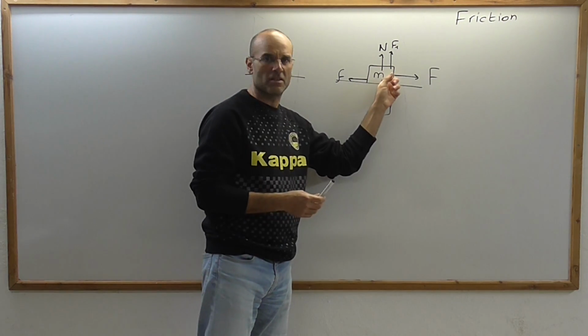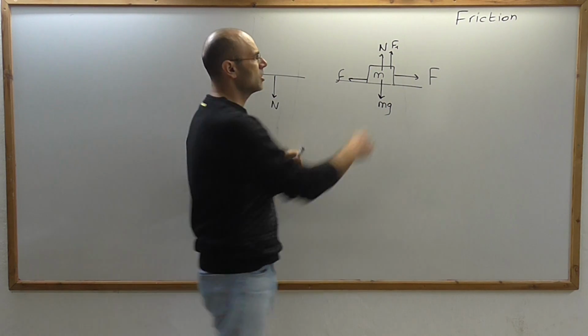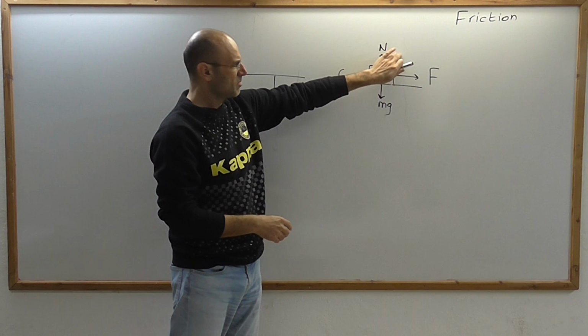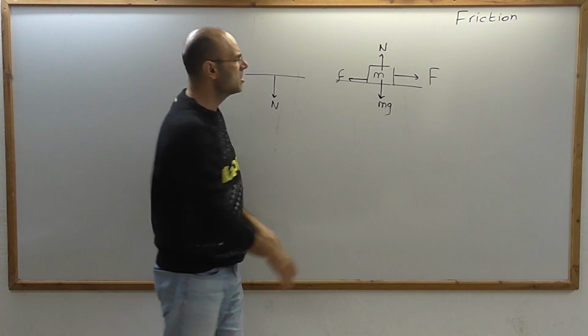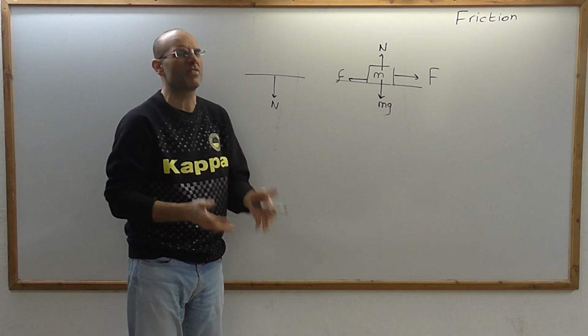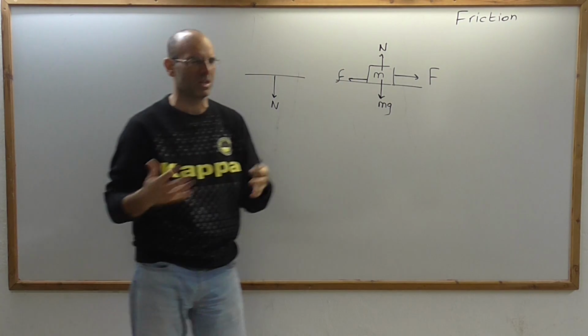Suppose I have an elephant here, just for imagination. If I don't put an external force here, it will press on the surface with a lot of weight. So the friction, obviously, if you try to push an elephant, will be very hard.